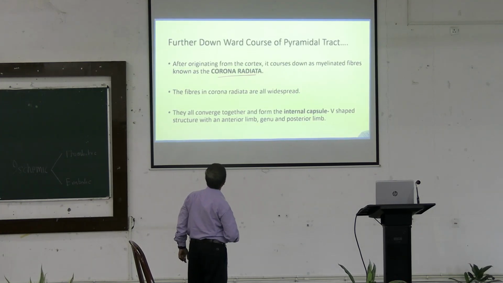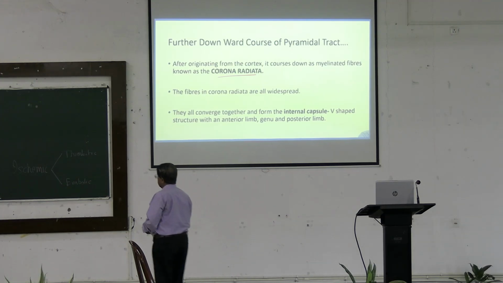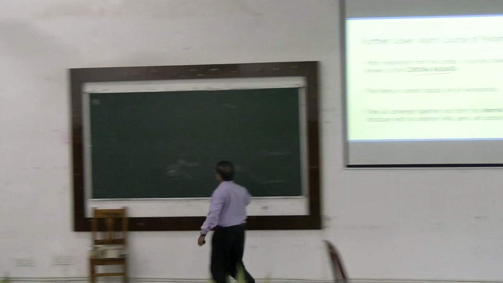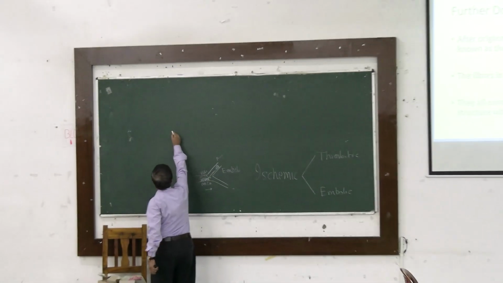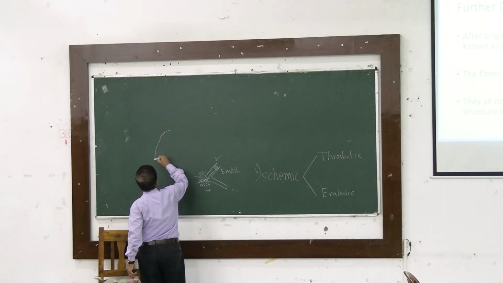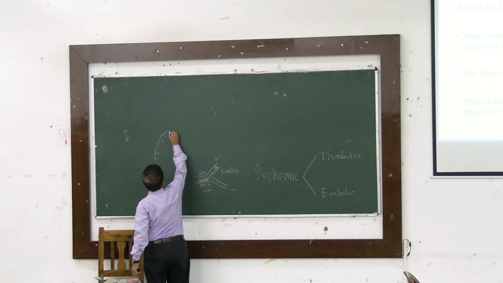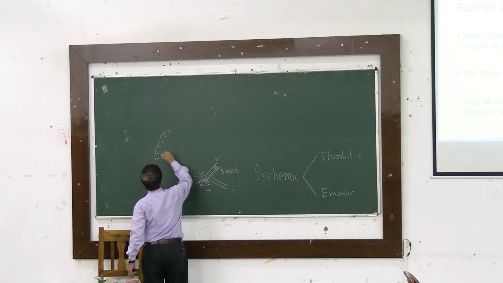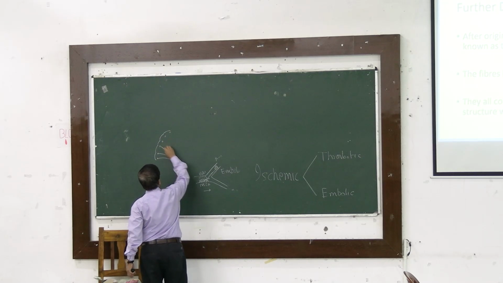Now, further down the pyramidal tract, if you draw a picture of it, suppose this is the cortex, and these are the cortical cells. From the cortical cells, the fibers come down.